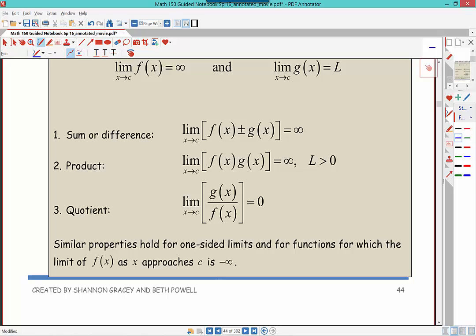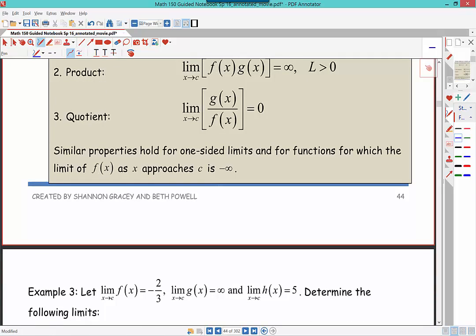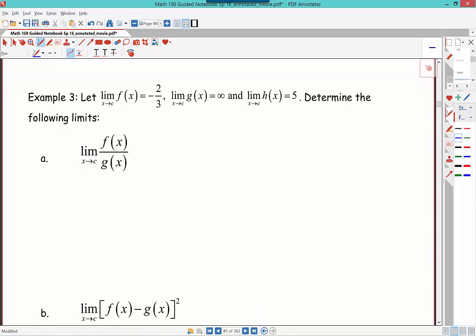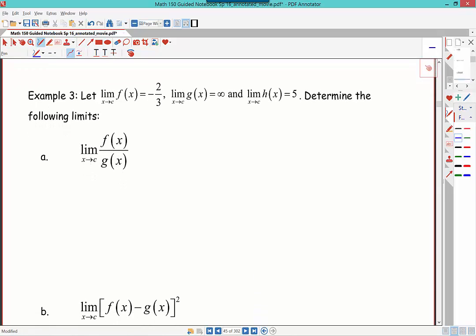All right. So again, similar properties hold for one-sided limits and for functions in which the limit of the function as x approaches c is negative infinity. You'll learn more about indeterminate forms when you're in Calc 2. There's some more indeterminate forms that you'll be working with.